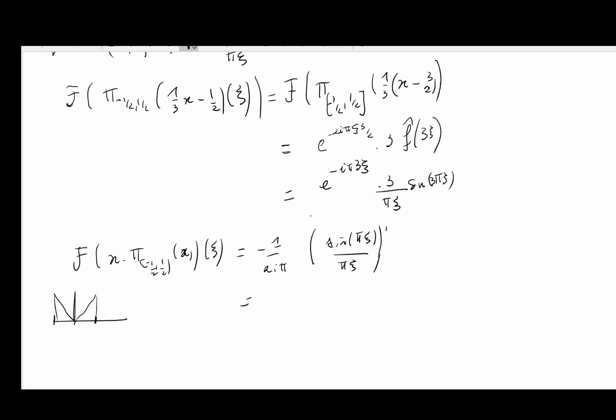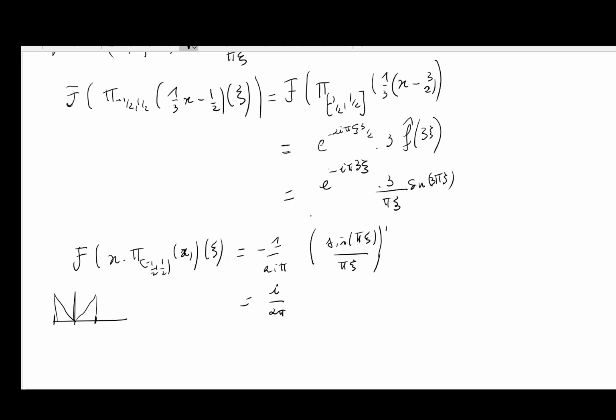First thing, I can easily transform my 1 over i into negative i, so with the minus, that's just going to be i over 2 pi times the derivative of what's coming here. So u over v, that's going to be u prime v minus u v prime over v squared.